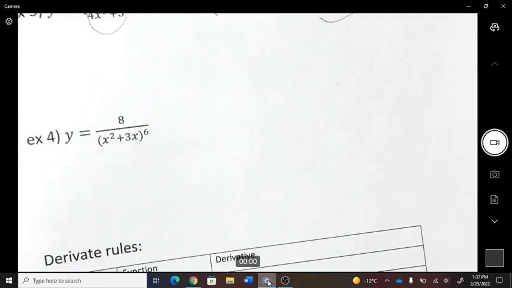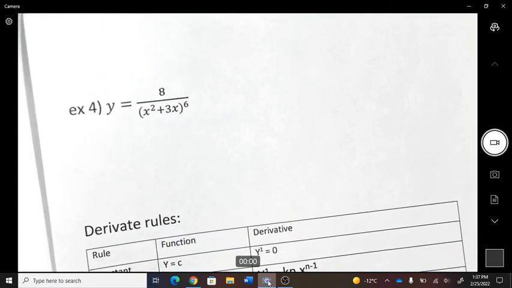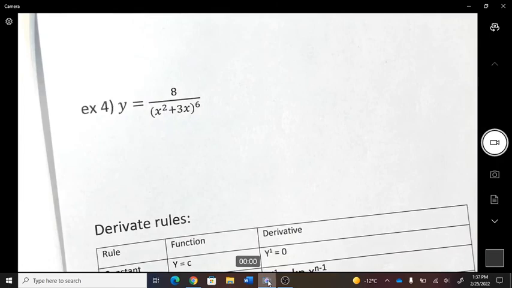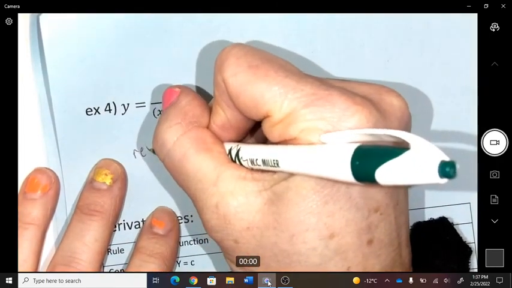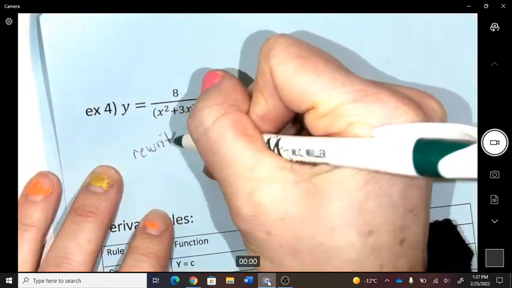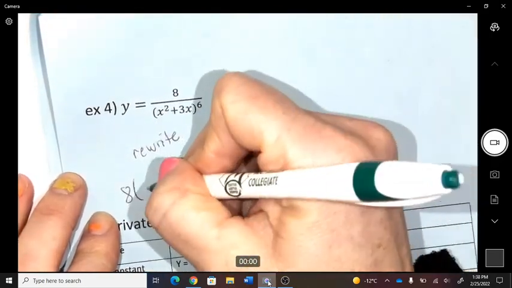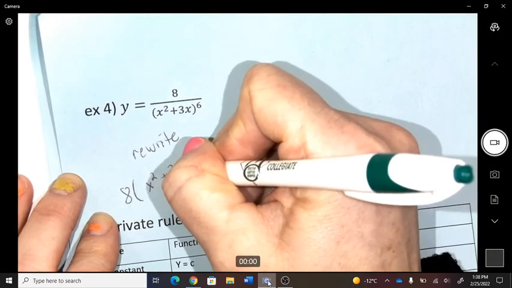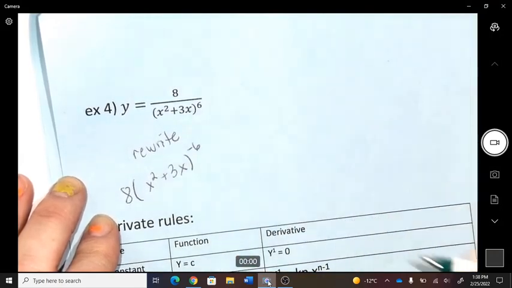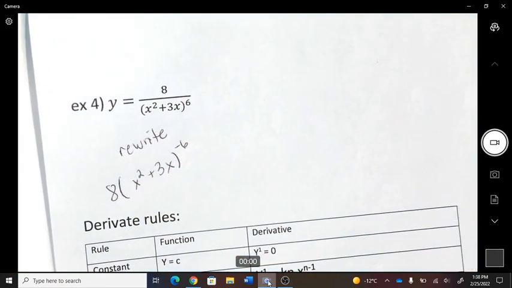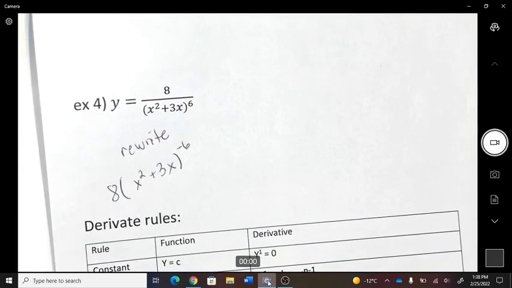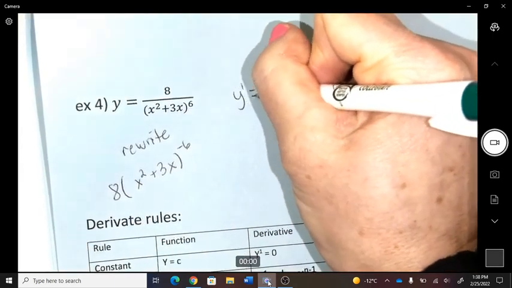Number 4. I think I would like to rewrite this. How would I rewrite it? I'm going to do a -6 because now I'm going to do the chain rule with that. Okay.